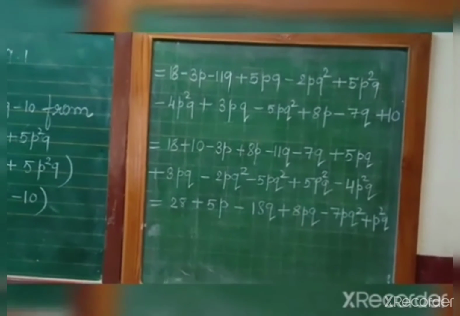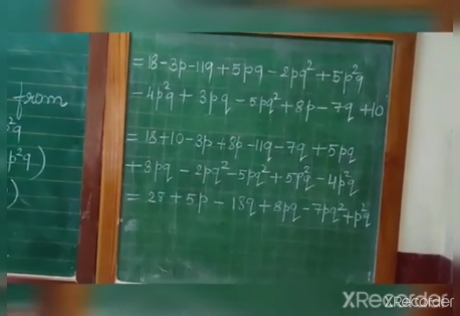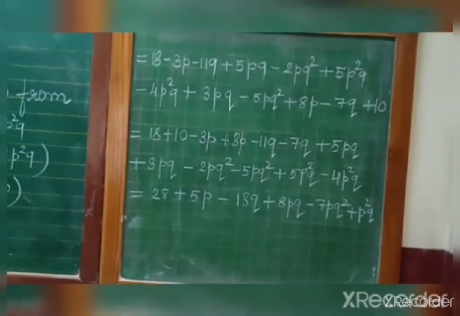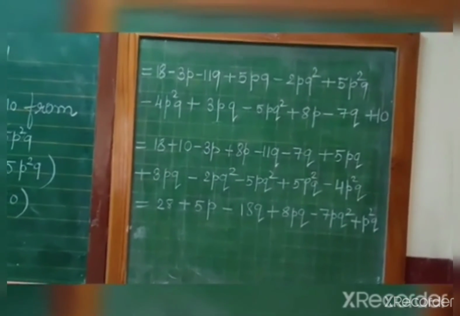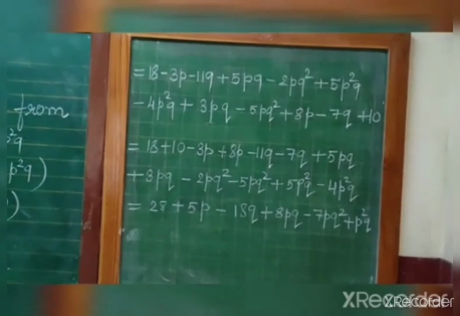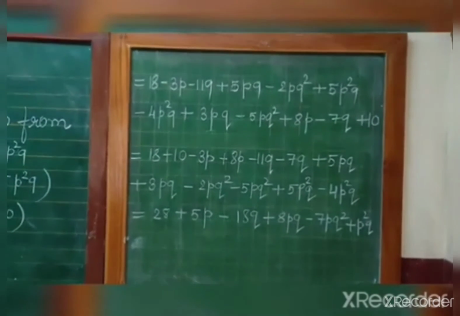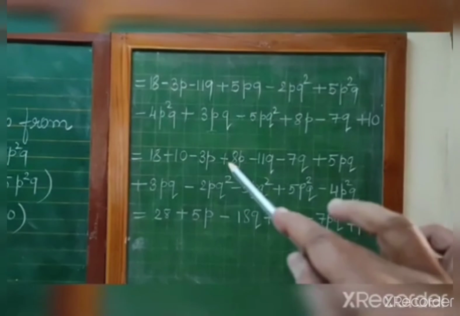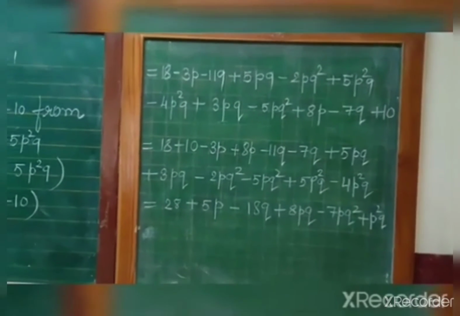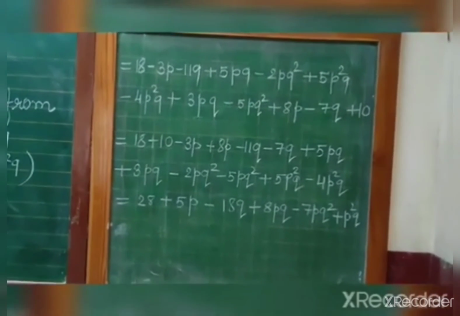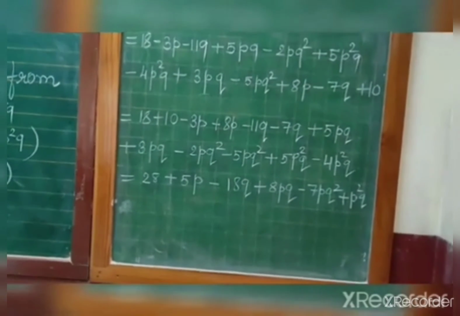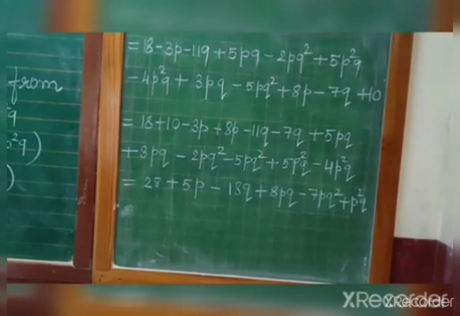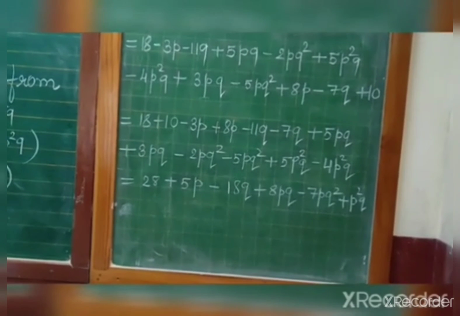Now 18 plus 10 is 28. You can see minus 3p plus 8p, according to the integers rule, is plus 5p, because the greater number has the positive sign. Now minus minus, two negative numbers we always add. So minus 18q, plus 5pq plus 3pq is 8pq.